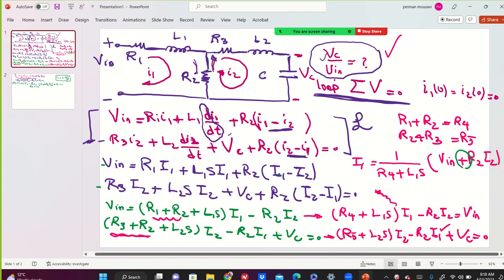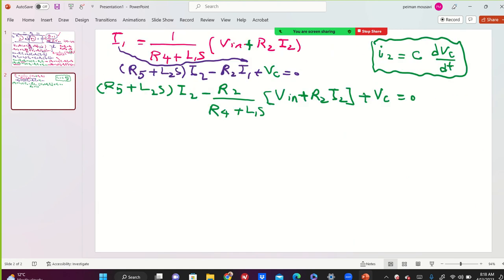Yeah, just go to the plus. This is a minus. Yeah, that's right. Okay. So now you have I2 here, you can factor out.